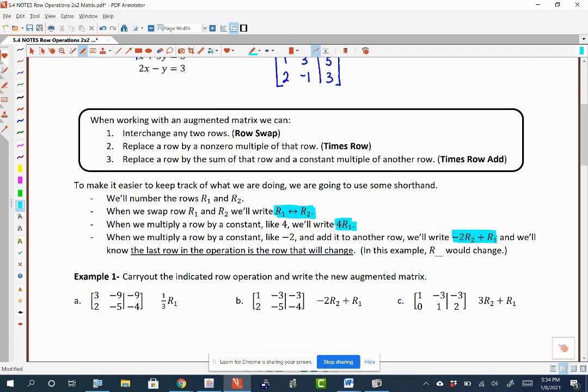So -2 would be multiplied to row 2, and then we're going to add it to row 1. The last row in the operation is the row that will change. So for this example, we would be talking about row 1. Because it's written last in this statement, this is the row that will change.